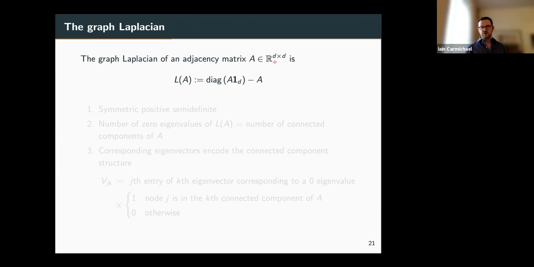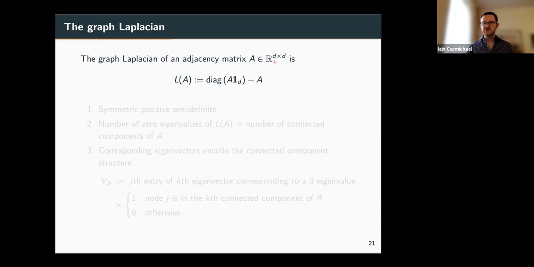So what is the graph Laplacian? The graph Laplacian takes an adjacency matrix A. By adjacency matrix here, I mean A has to be positive and symmetric. That's it. And it has zeros on the diagonal. And I'm going to take the row sums of that matrix, throw that into a diagonal matrix, and then subtract off the adjacency matrix again.